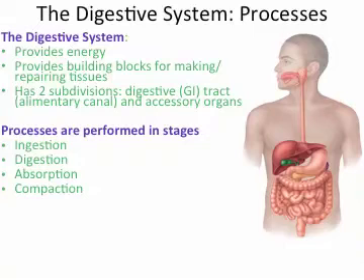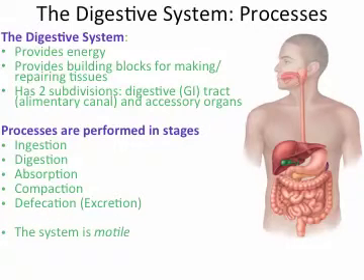When the material that you initially ingested makes it into the large intestine, you start compacting what's left over, so that the stuff that didn't get absorbed, you excrete out through the process of defecation.